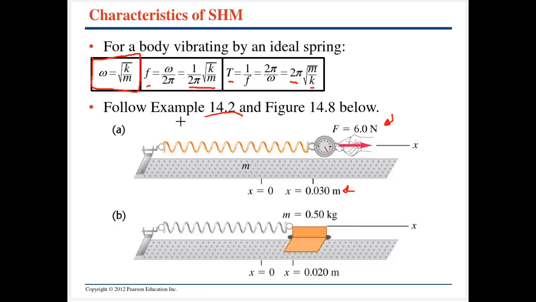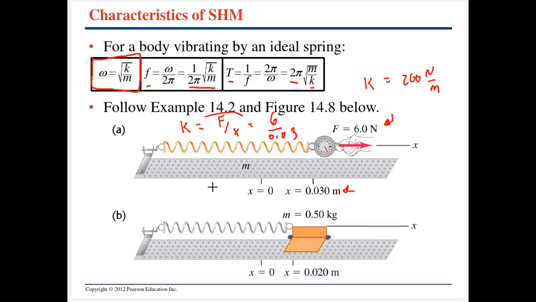You know that the spring constant is going to be the force divided by the displacement, or in this case 6 newtons divided by 0.03 meters. So we get our spring constant to be 200 newtons per meter.